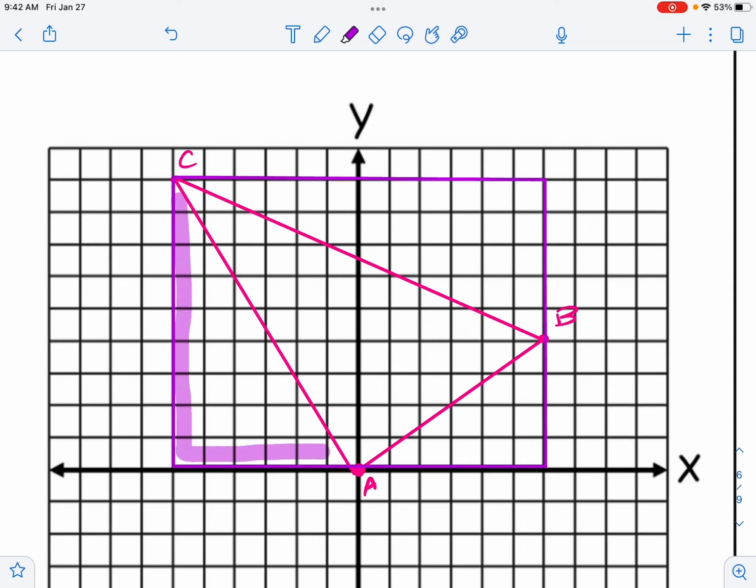Highlighting or shading the surrounding triangles is not necessary, but it might help you better understand why we're finding the area of the box, why we're finding the area of the surrounding triangles, and really ultimately why we end up subtracting those.